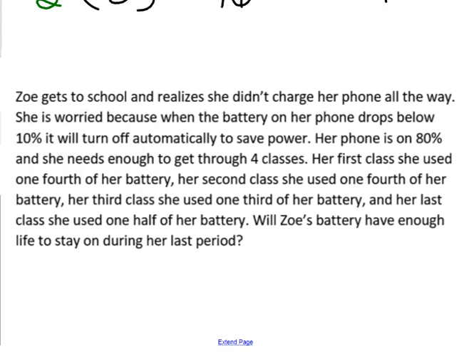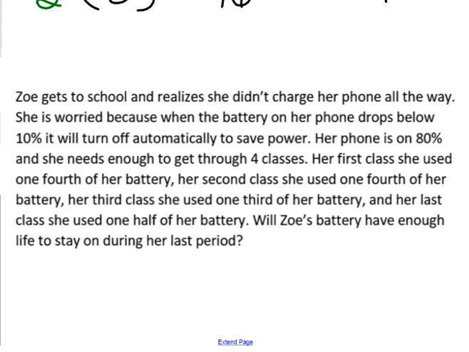So it says, Zoe gets to school and realizes she didn't charge her phone all the way. She is worried because when the battery on her phone drops below 10%, it will turn off automatically to save power. Her phone is on 80% and she needs enough to get through 4 classes.